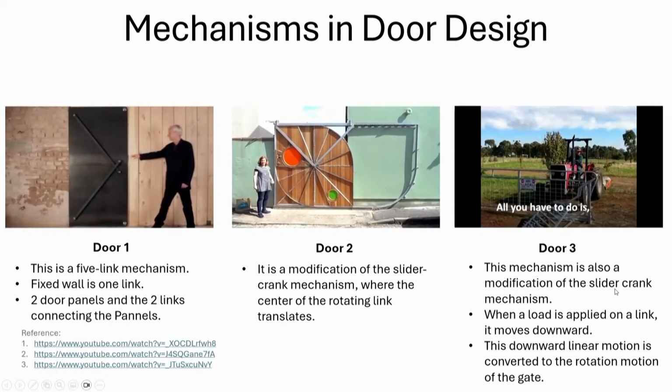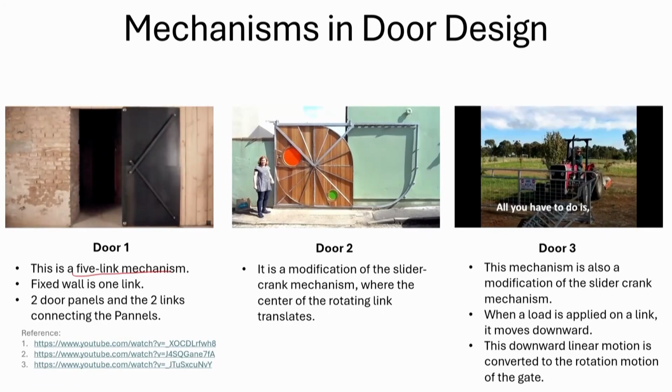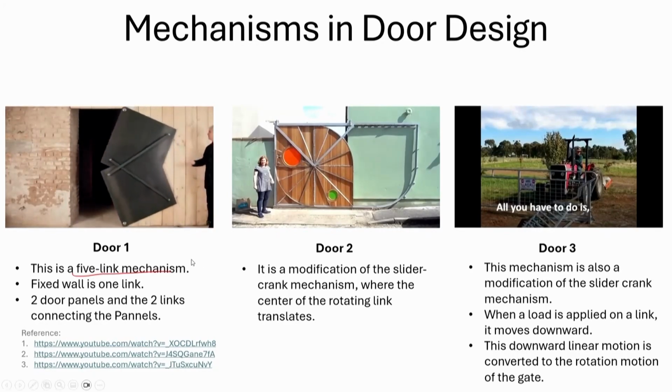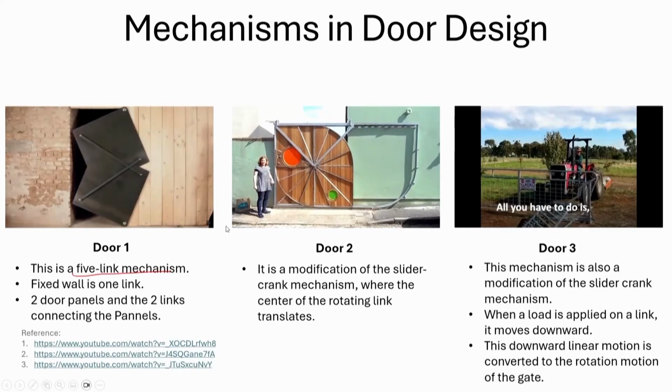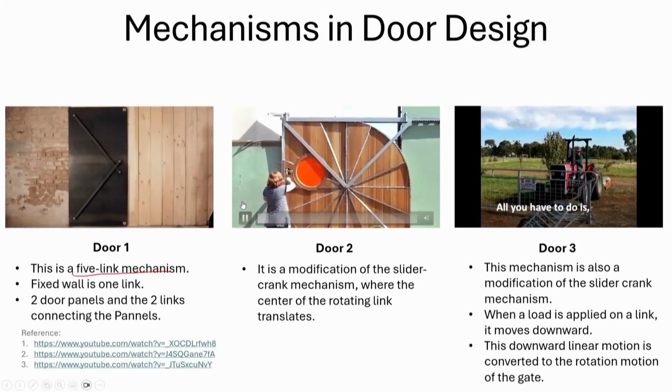Now, I will show you very quickly some more complicated ones, like a 5-link mechanism of door 1. Look at how this is working. The fixed wall is 1 link, and then it has a 4-link system, and this is one mechanism. See the other type of door opening, this is door 2.